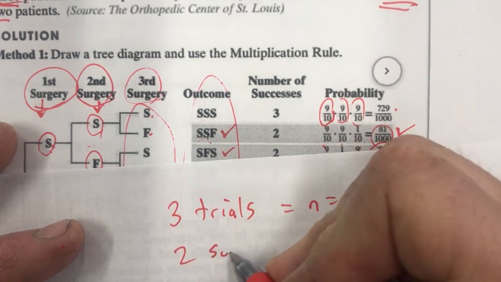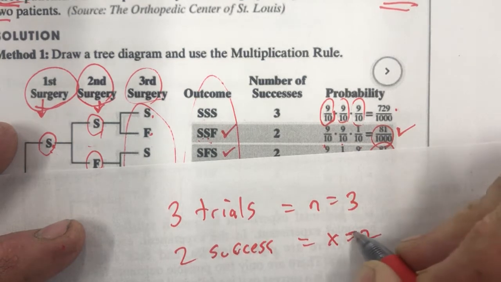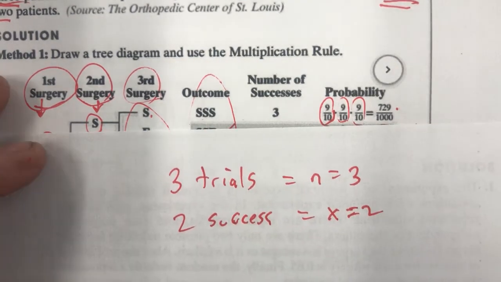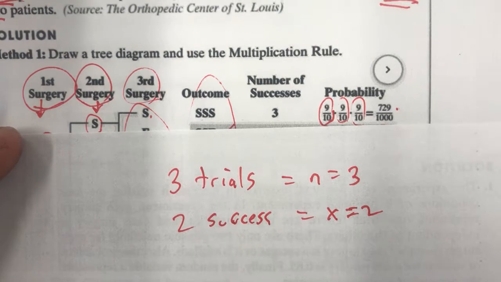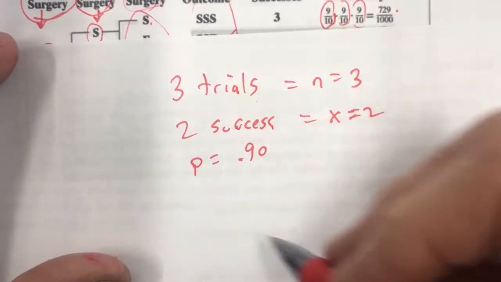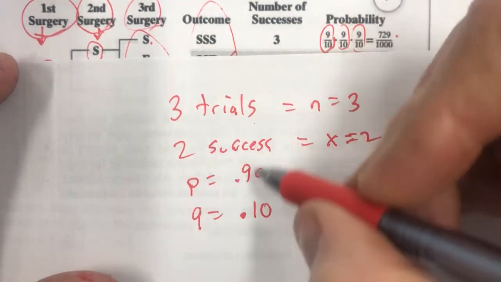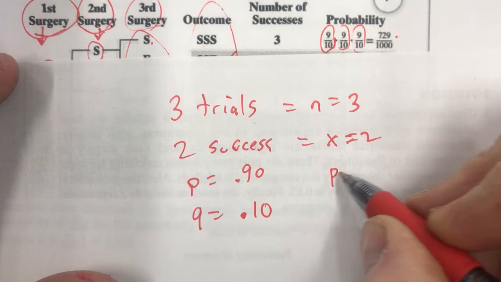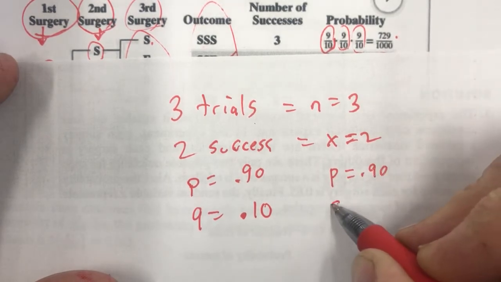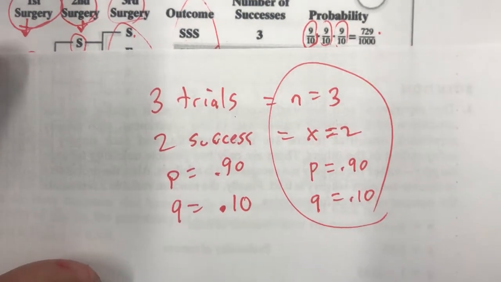There's 2 successes, which means x equals 2. The probability of success is 0.90, which means q is going to be 1 minus that, which is 0.10. So here's the 4 things we need, and put over here, that way they're all lined up. Here's the 4 things you need right there.